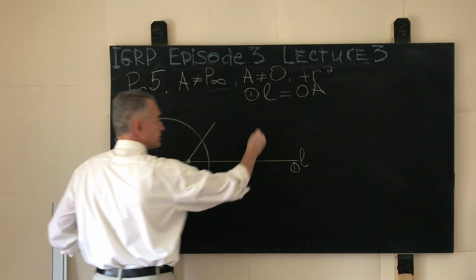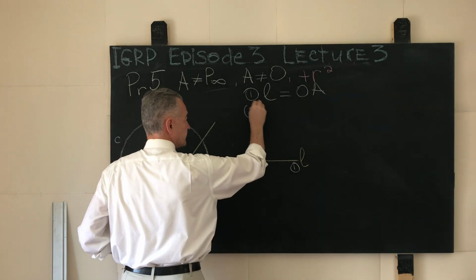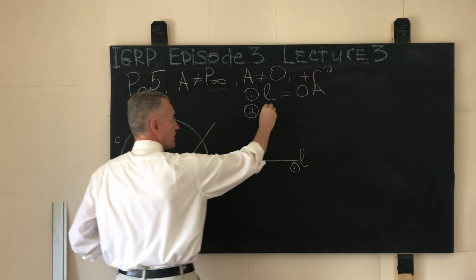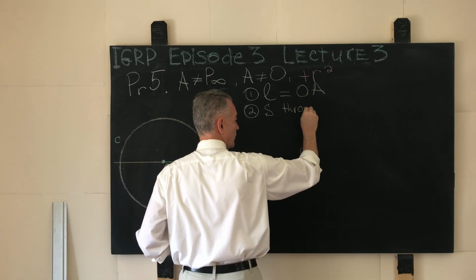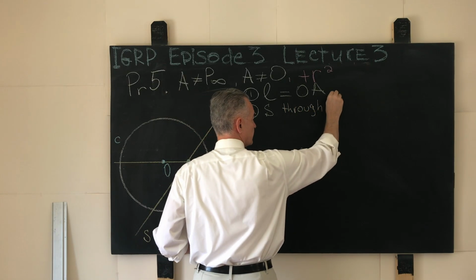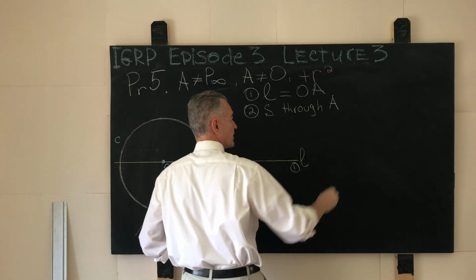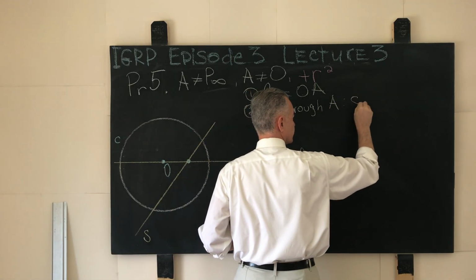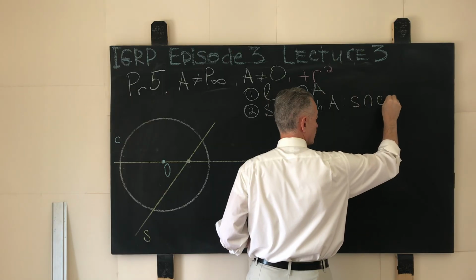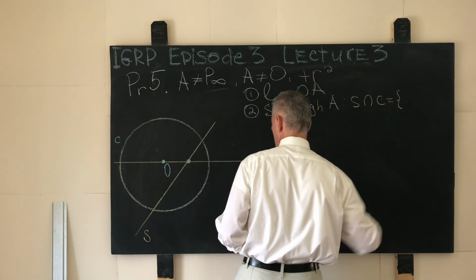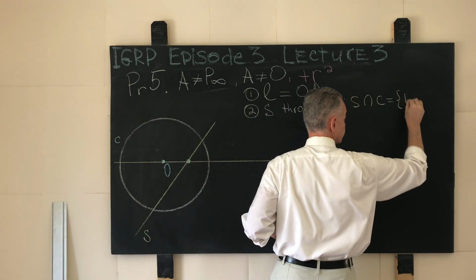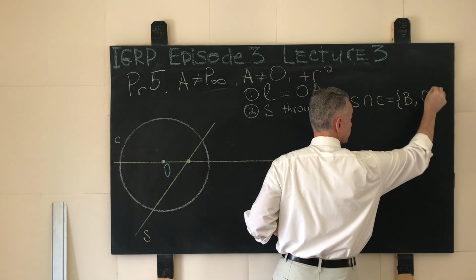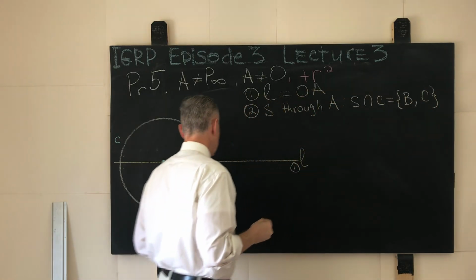So the second step will be a secant given through the point A such that this secant intersects the circle of inversion at 2 points. Let's call them B and C, it doesn't matter.